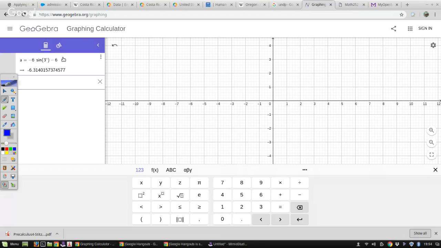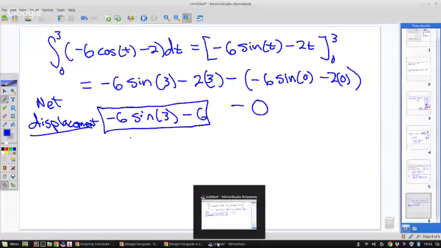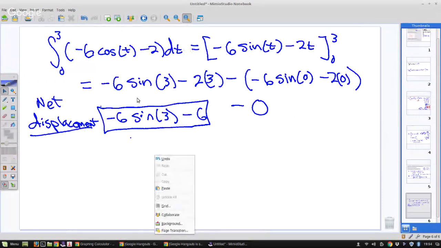That gives me about negative 6.3-ish. Which seems reasonable because this sine is going to give me a value between 0 and 1. So it's approximately negative 6.